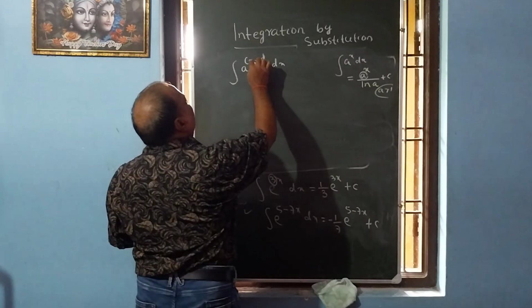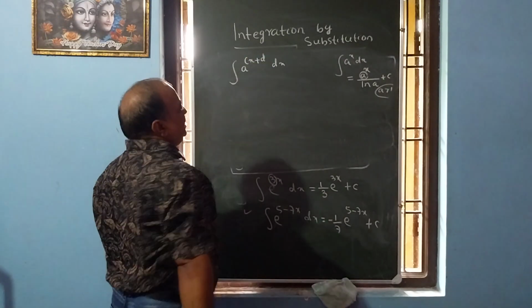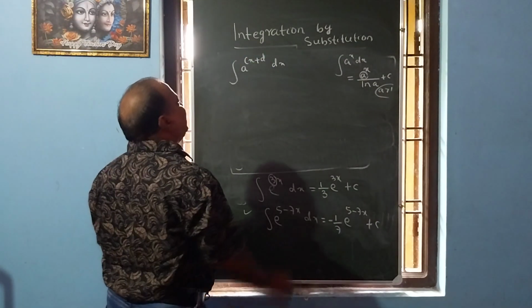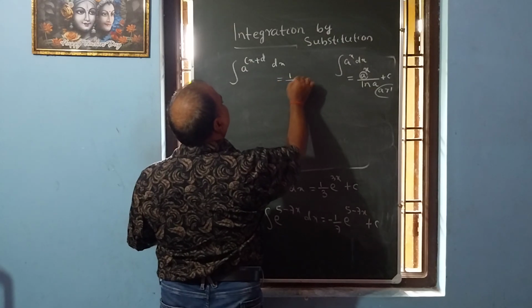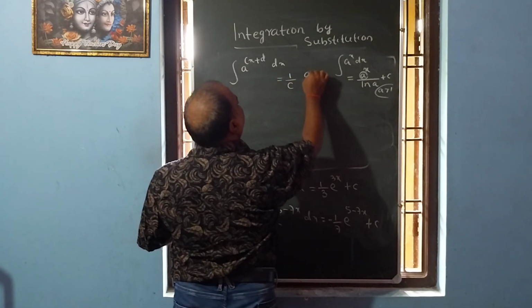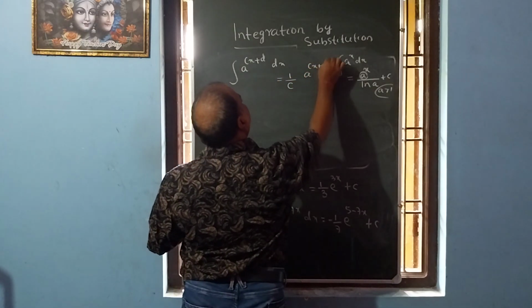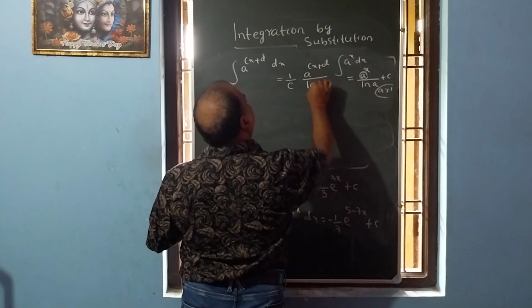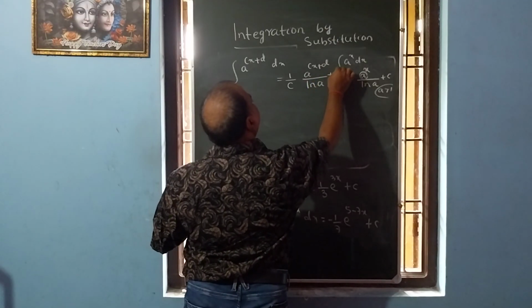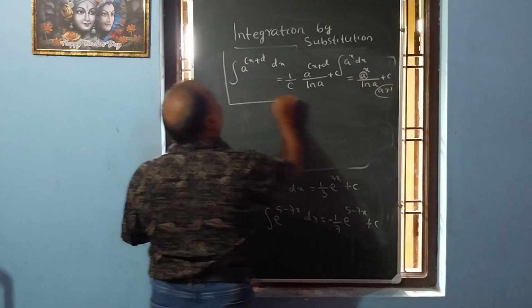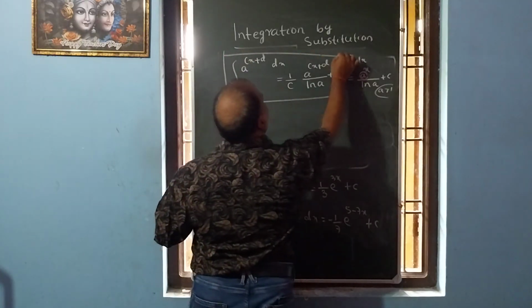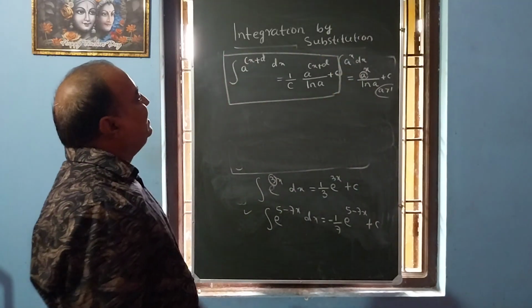So the coefficient of x is here c, which is a constant. So that will be divided there as 1 by c, a to the power cx plus d divided by ln a plus c. You remember, this is the formula. The coefficient of x must be divided there.